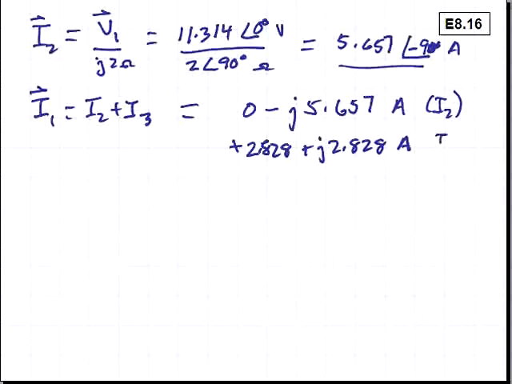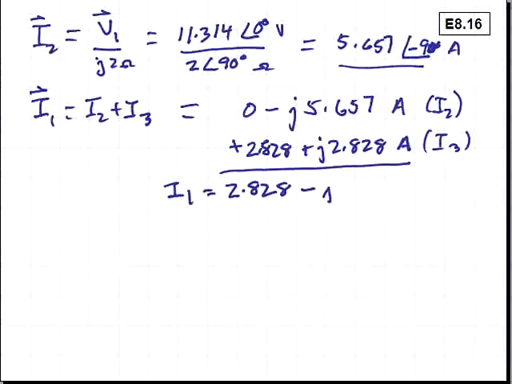That's the I3 component. And we obtain that I1 is equal to 2.828 minus J 2.828 amperes. These should all be phasor currents and voltages.